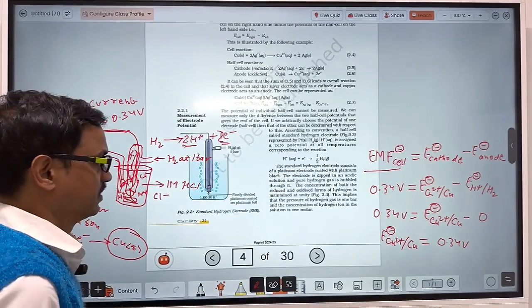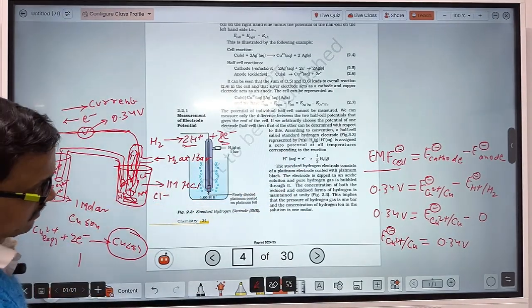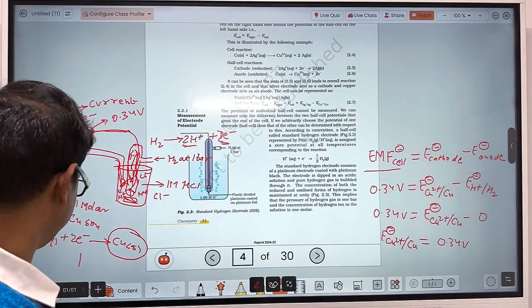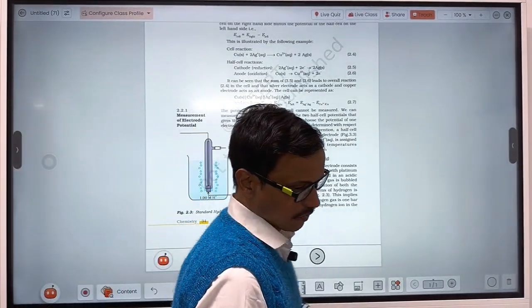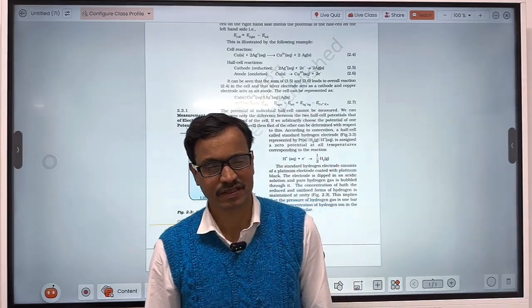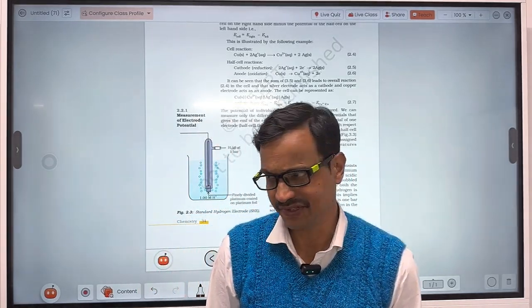So how do we calculate the standard electrode potential of any element? Sometimes a question also asks in the 12th board examination, write about the standard electrode potential of hydrogen.